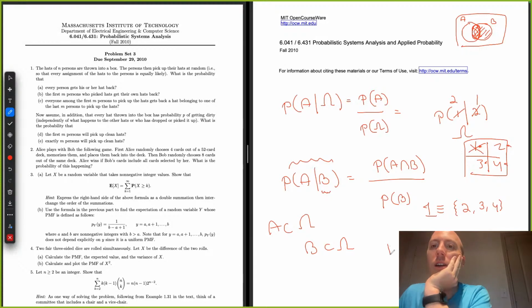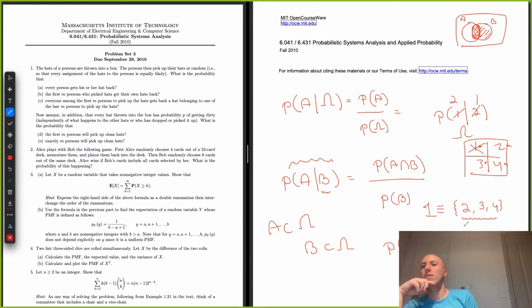So if we say, all right, 1 happens, what's the probability of 2 given 1? But the outcome that we got is 1, and that outcome isn't actually in here. With replacement, without replacement.